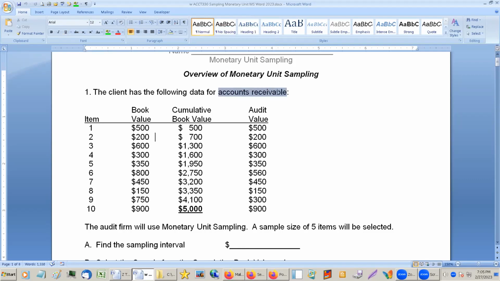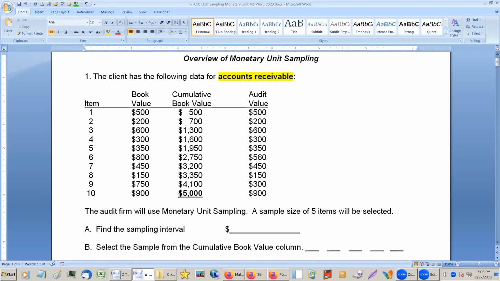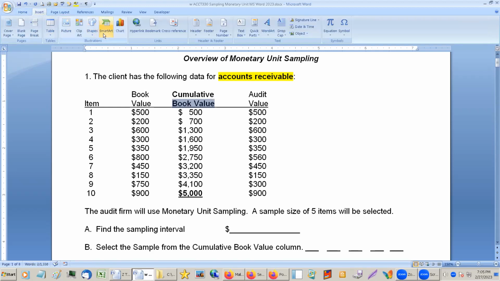So the client has their accounts receivable, and here's the book value of each item. This cumulative total is simply the running total of each of these. So for instance, the first one is 500 and 500.